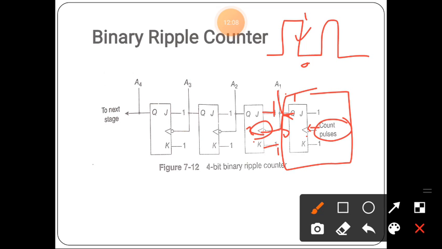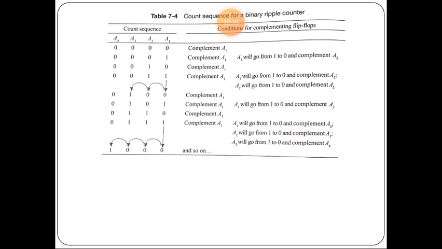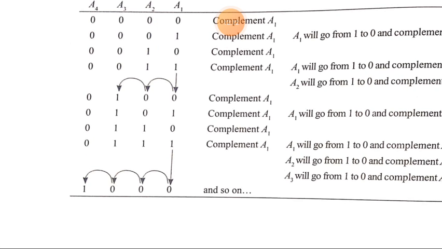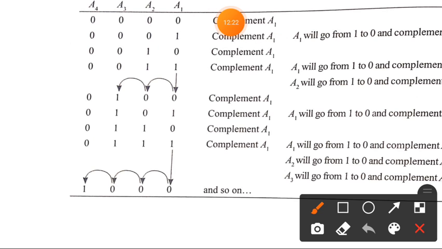Then next, third, A3. What happened to A3? Every time A2 goes from 1 to 0, A3, which is initially 0, changes from 0 to 1. When it goes from 0 to 1, there is a change of state, when A2 makes a transition from 1 to 0.